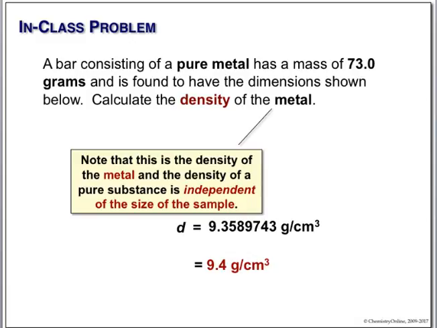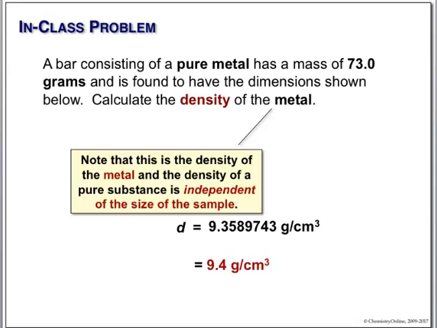It's not really necessary that you remember the names, but an intensive property is something that is descriptive of the substance itself and is not dependent upon the mass. It doesn't matter how much you have, the intensive property will always be the same. Well, density is an intensive property. It's independent of the size of the sample.